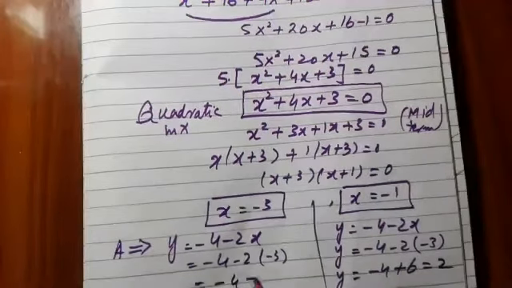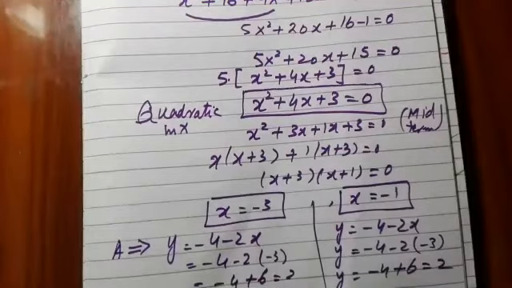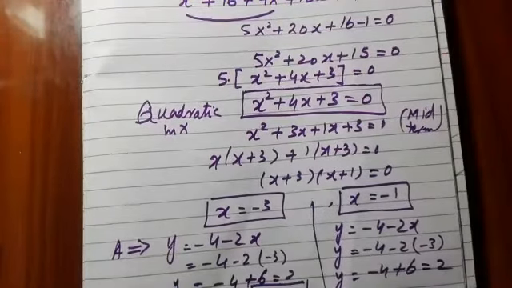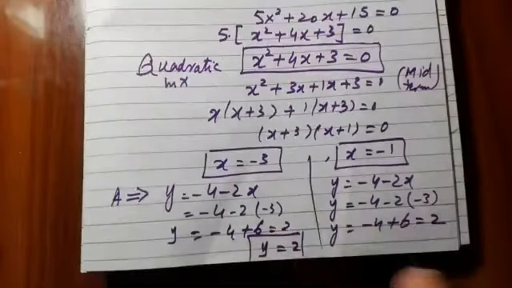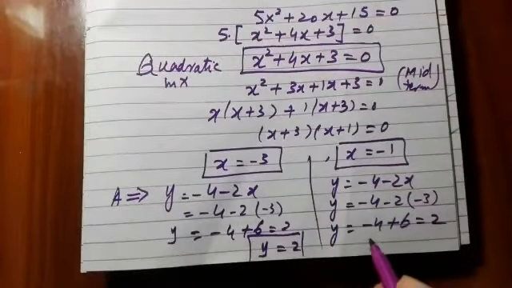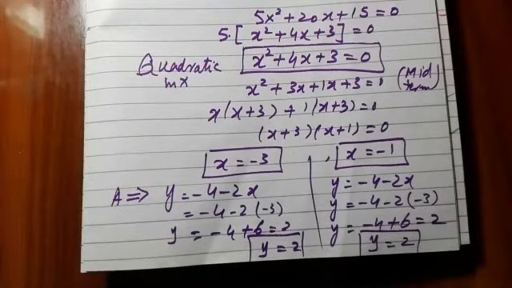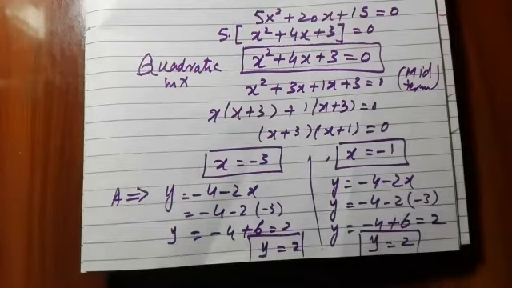So y is equals to 2. So we have gotten the values of x and we have gotten the values of y.